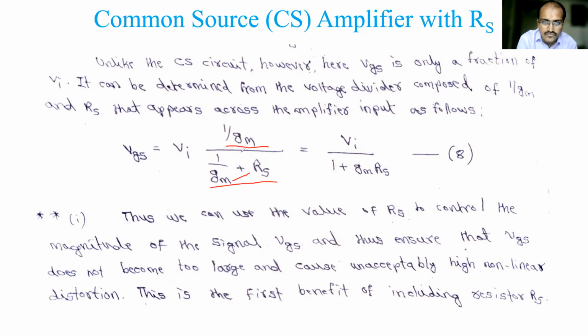In the numerator, 1 multiplied by Vi is Vi, divided by what is remaining, 1 plus Gm Rs. So this is the value of VGS now, a fraction of Vi, not equal to Vi. That means there is a reduction here, because you have the source resistance in the denominator. Because of that, there is a decrease in the VGS value.